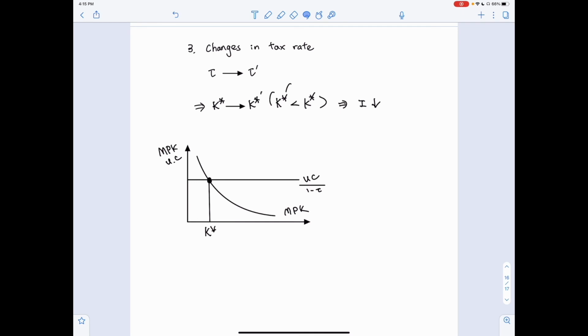When the denominator becomes smaller, the user cost after tax becomes higher. Because of that, when we again maximize profit by equating the marginal product of capital to the user cost after tax, we result in a lower level of the desired capital stock. Because of that, the investment should fall.